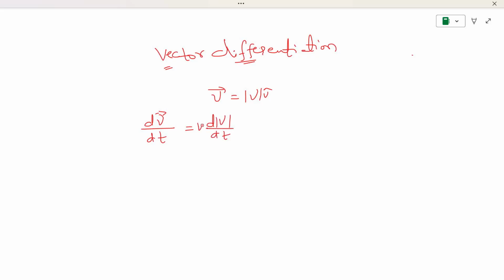So here we have plus, here v bar is a vector field.